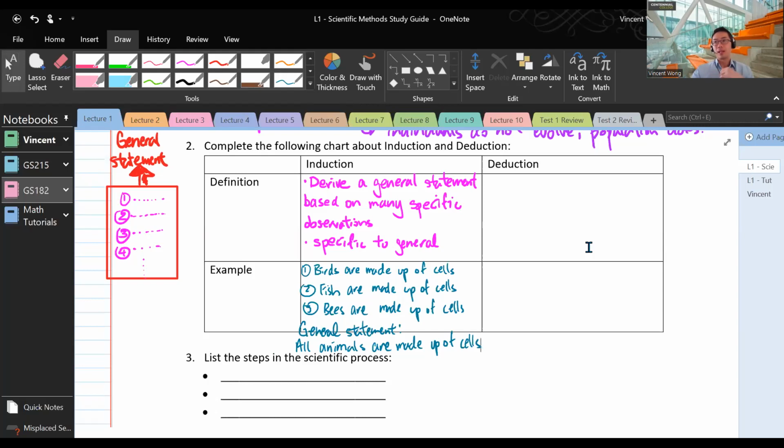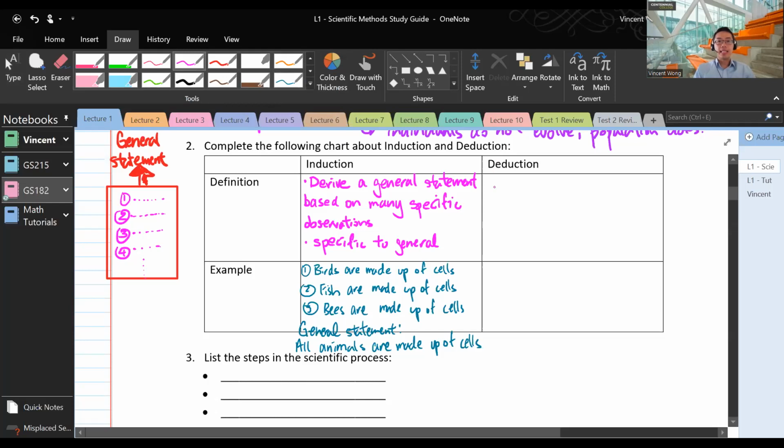So we see that all these people went to that party, and then they have COVID. The general conclusion I can make is that someone must have had COVID at the party, and they are spreading it to everybody. So from specific examples to generalization, to a broad statement. That's basically what induction is.